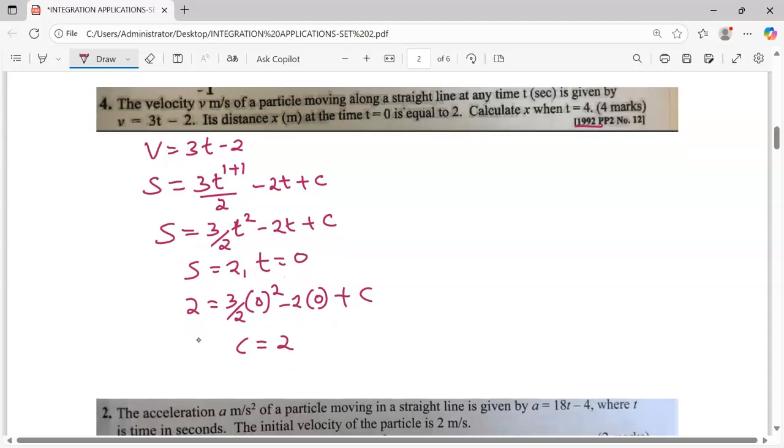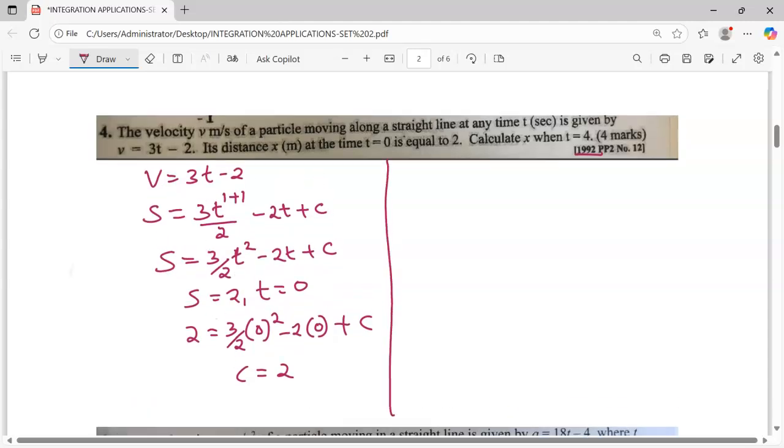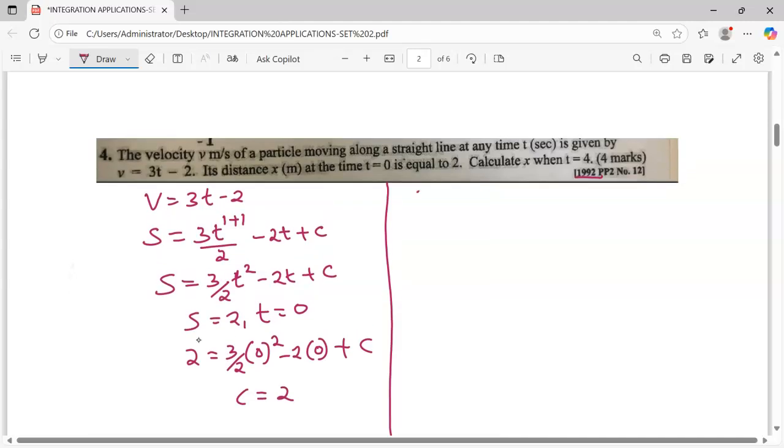And for us now to have the specific equation, we are going to write the equation as follows. That is, displacement is equal to 3 over 2 t squared minus 2t plus c, and the value of c is equal to 2. They want the value of x, which is distance.